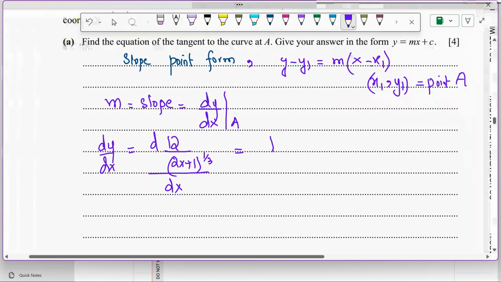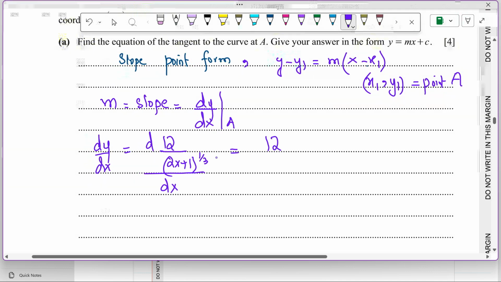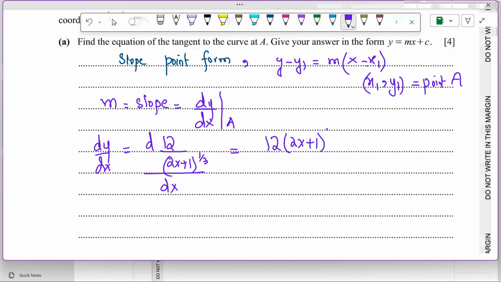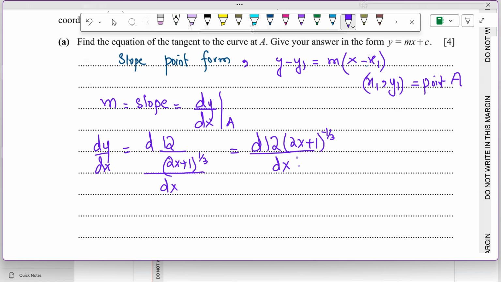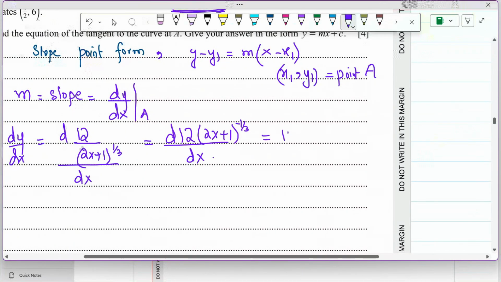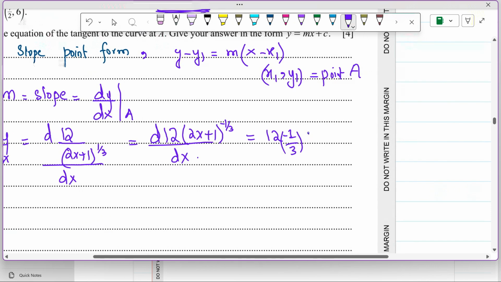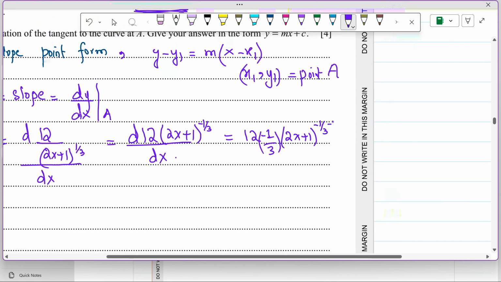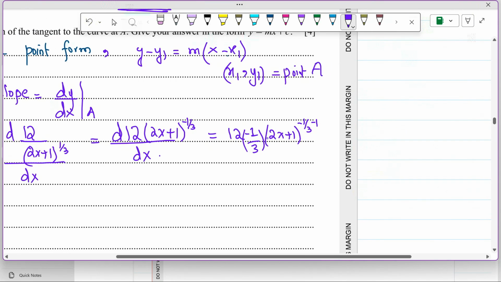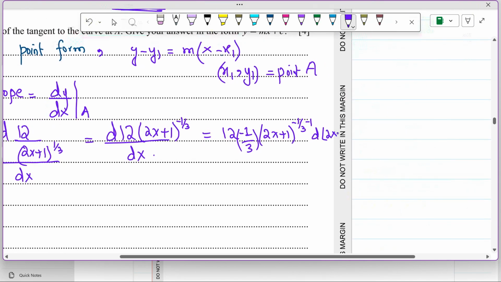Further solving, (2x plus 1) to the power of 1 over 3 in the denominator can be written as (2x plus 1) to the power of negative 1 over 3, so we need to differentiate this. The derivative of (2x plus 1) to the power of negative 1 over 3 is negative 1 over 3 times (2x plus 1) to the power of negative 1 over 3 minus 1, times the derivative of the inner function, 2x plus 1.